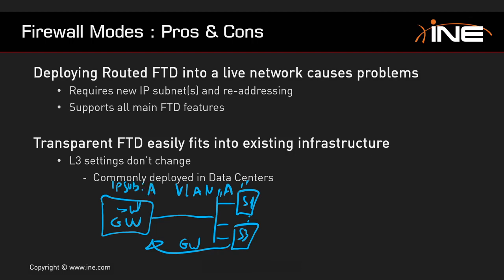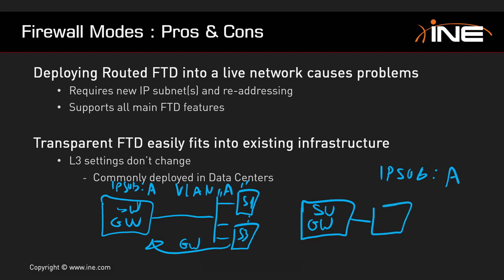So if you were to change this design, if you were to add FTD to enforce a policy, what you would have to do is keep all the addressing information. So the IP subnet would be the same, it doesn't change. Now you would keep this VLAN on the switch to FTD connection. I am putting FTD into the middle here.